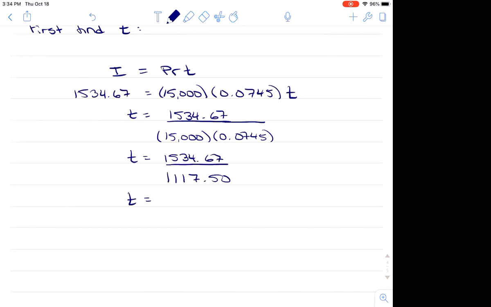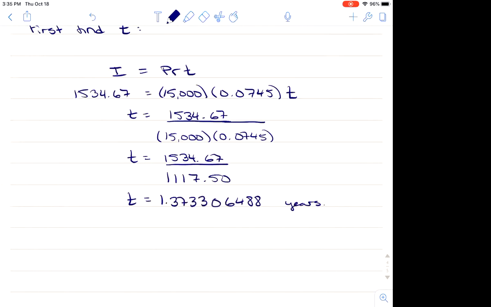So again, I'm going to use the second answer, turning out to be very handy. 1,534.67 divided by second answer. I get a T of 1.373306488 years.